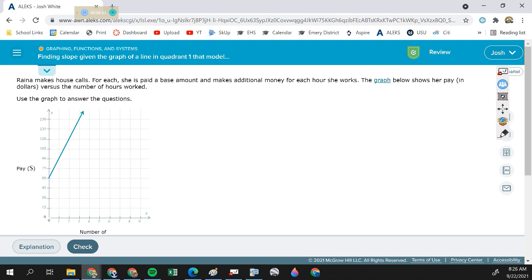How much is she going to get paid in each hour? It's just the slope of the line, which is 30. Have we already done this? Did we already do 2.3? Okay. So the slope of the line is 30, which means that every hour of additional work, she gets paid $30.